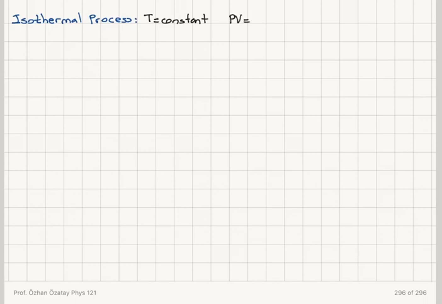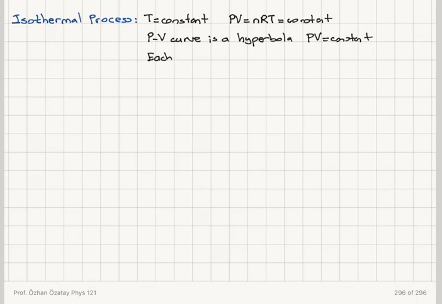PV for an ideal gas is equal to nRT, so this is going to be a constant. And the PV curve is a hyperbola, because P times V is a constant, and each curve is called an isotherm because it corresponds to a constant temperature.